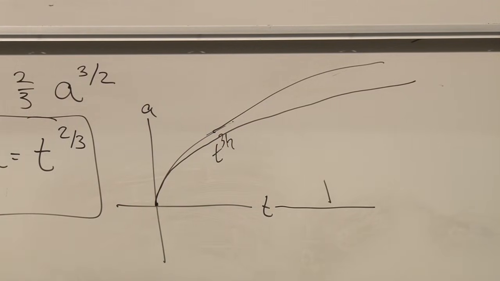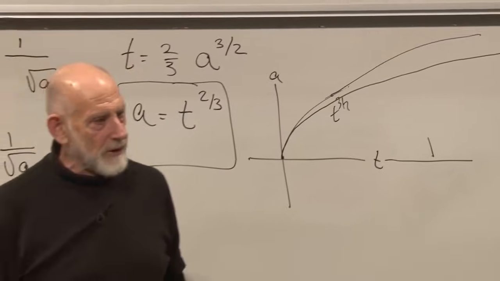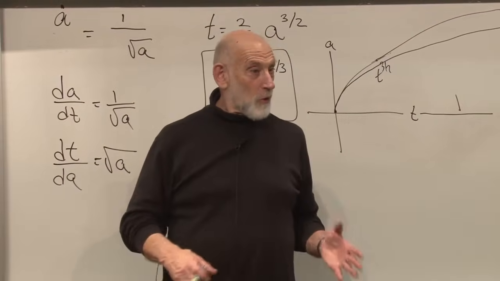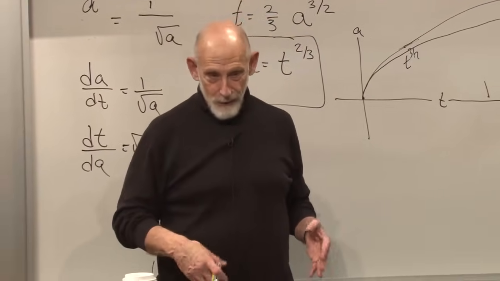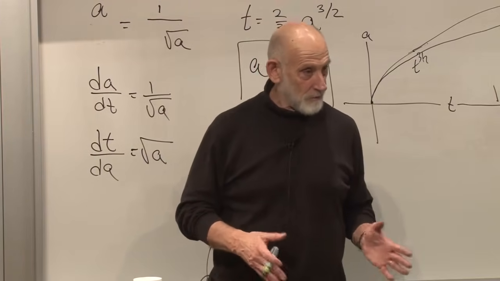You'd have to be an astronomer really interested in this to care about the difference between t to the 2/3 and t to the 1/2. By that I mean, they're qualitatively similar. But if you really want to know what's going on in the universe, the difference between t to the 1/2 and t to the 2/3 can be very important.